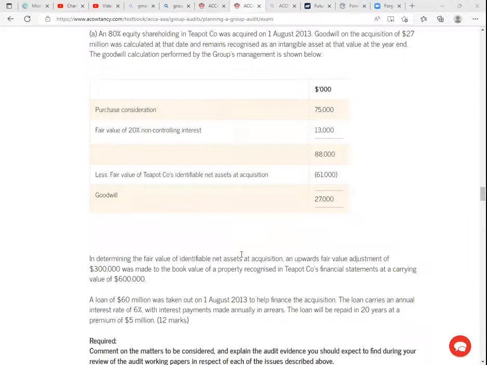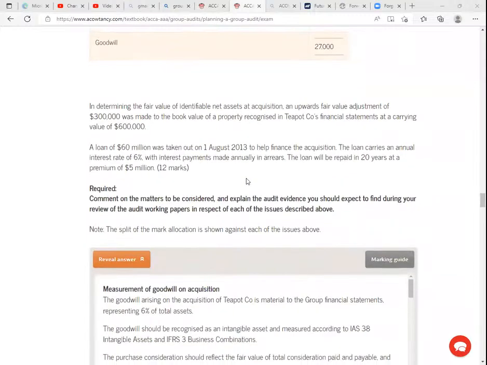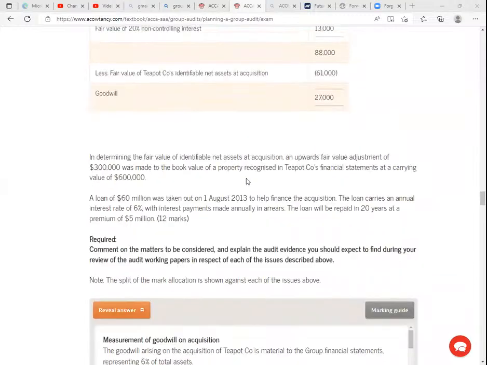Yes. Okay, if you're able to see the screen, that is it really. The question they've asked us here is to comment on the matters to be considered and explain the audit evidence you should expect to find during the review of the audit working papers in respect of each of the issues described.